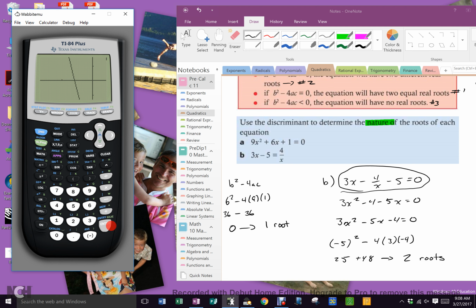Observe. They hit the exact same spot on the x-axis. Even though they graph differently, they share the same root. And that's all we were looking for. Does everybody understand? They will both cross the x-axis at the same spot when y equals 0, no matter what they look like. Cool? Okay.